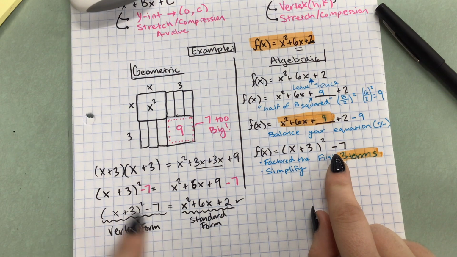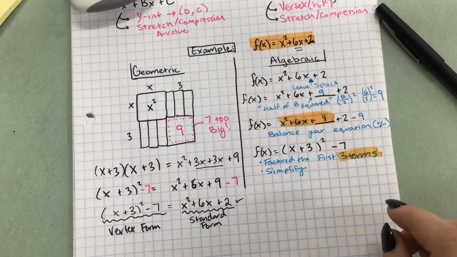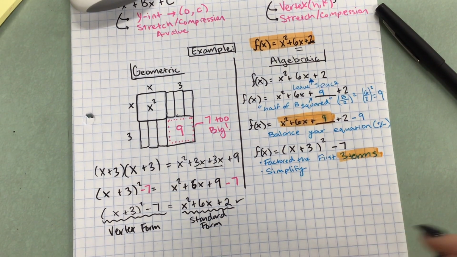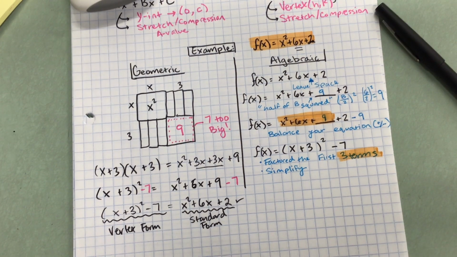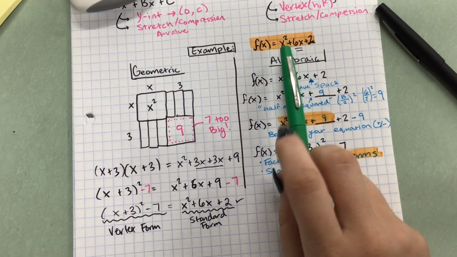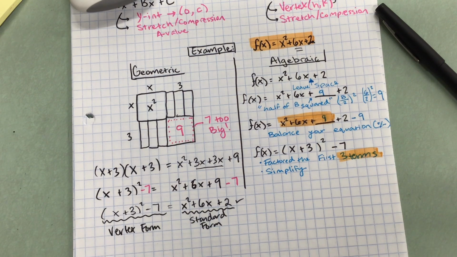Both vertex forms match. More specifically, what vertex form is showing you is how far away the original equation is from being a perfect square.